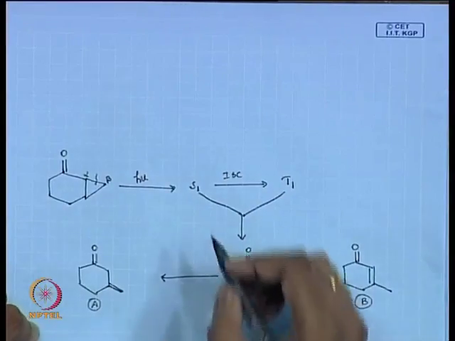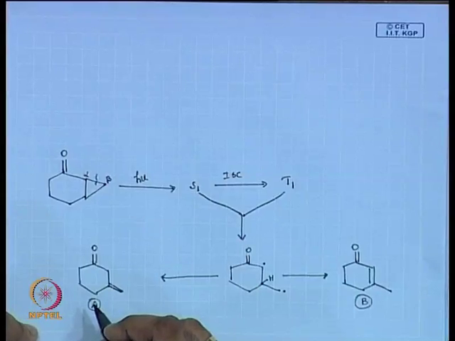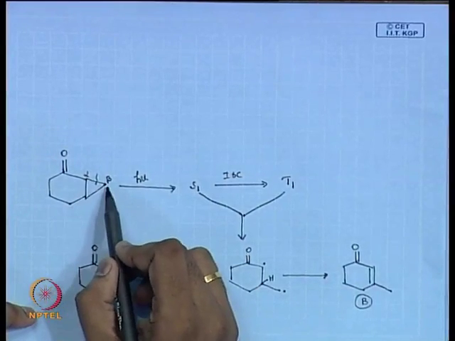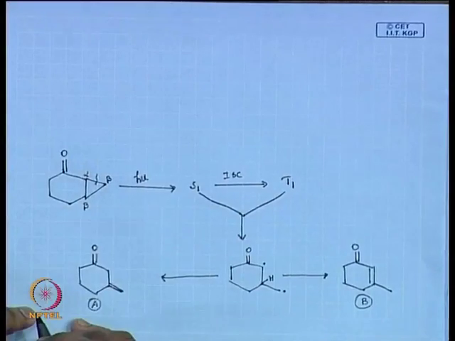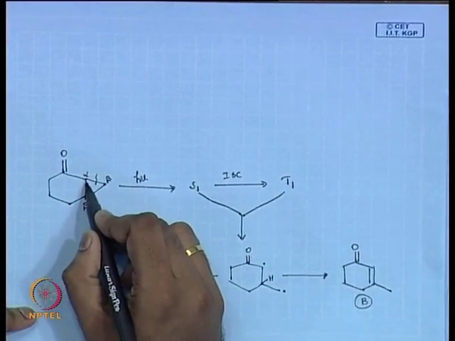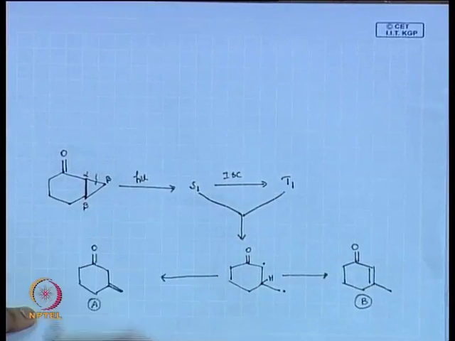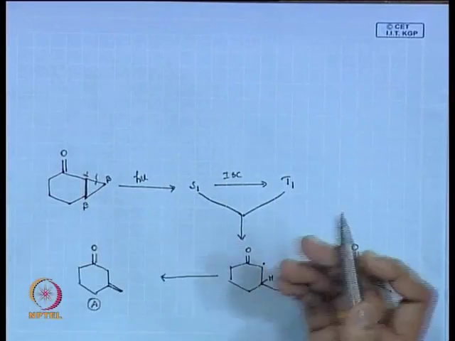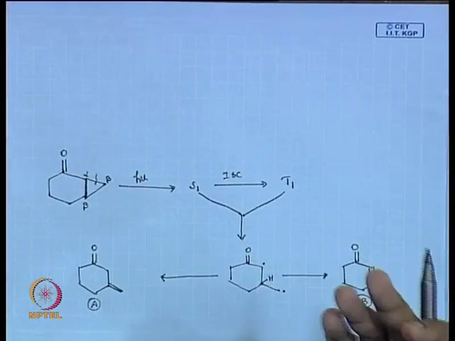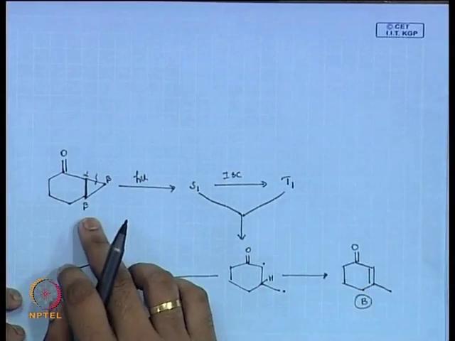Now, if you think about this chemistry a little bit carefully, I have another chance of cleaving my bond. You see, I have cleaved alpha beta. If I cleave this one, what happens? This is also an alpha beta bond. As I say, this is alpha beta, this is also an alpha beta. In the previous case, it was so symmetrical that if you break on both sides, it is the same, but in this case, it is different.